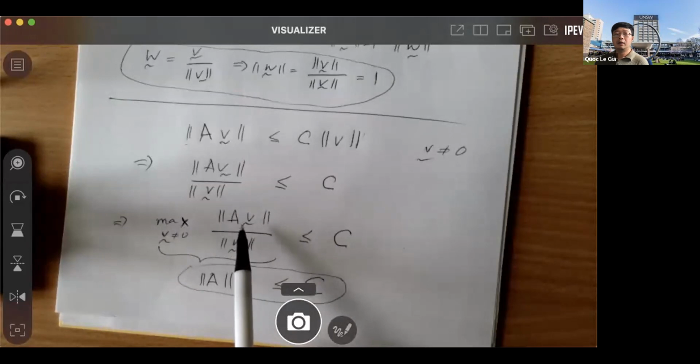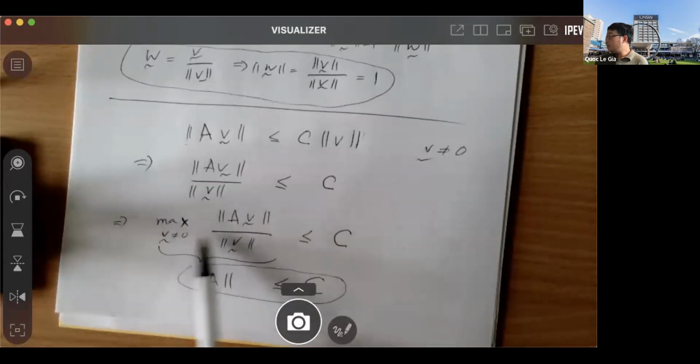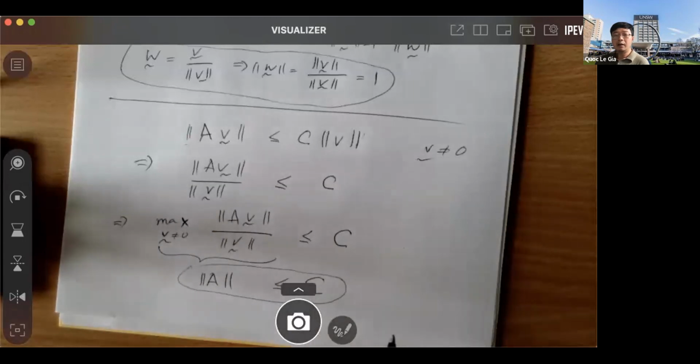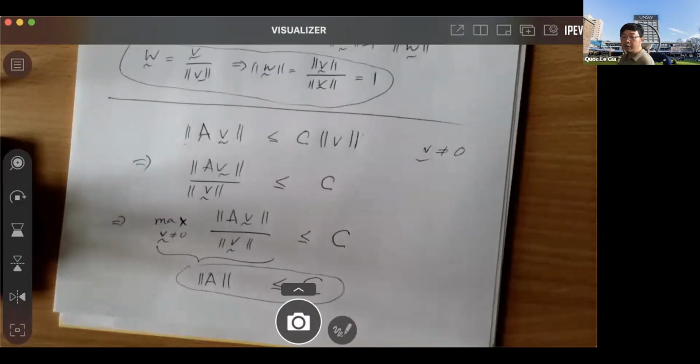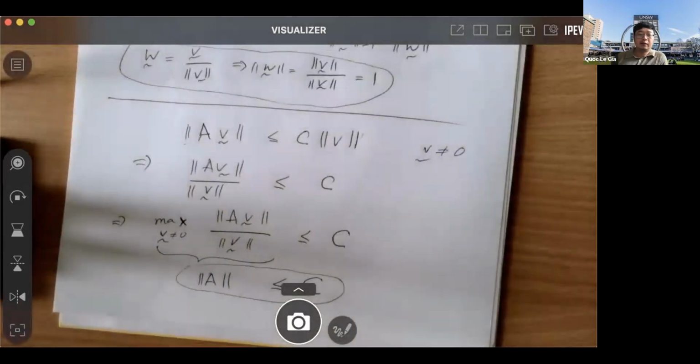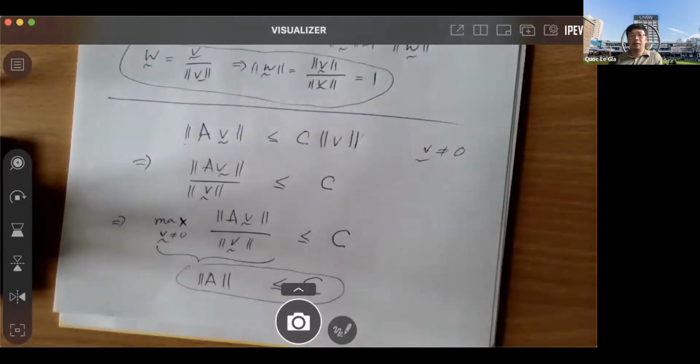Then you vary V over the whole Rn, so for all non-zero vectors V. So you evaluate the norm of AV over the norm of V for all possible non-zero vectors V. Does it make sense?